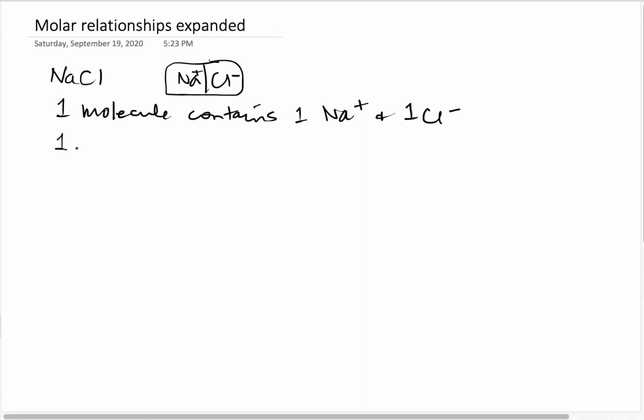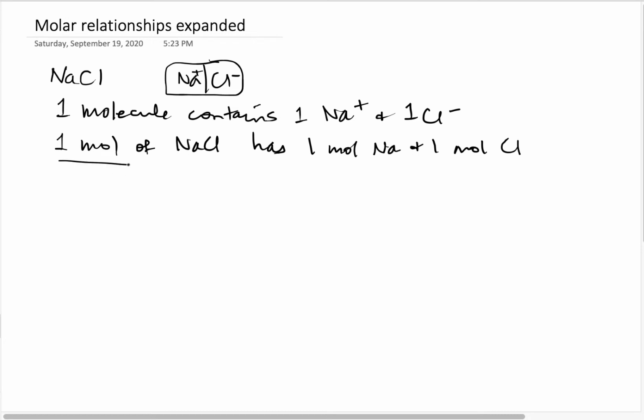And so similarly, 1 mole of NaCl has 1 mole Na, I'm going to stop doing the pluses and minuses just because I'm lazy, and 1 mole Cl, right? So this one-to-one relationship seems pretty clear when we have something simple like sodium chloride.